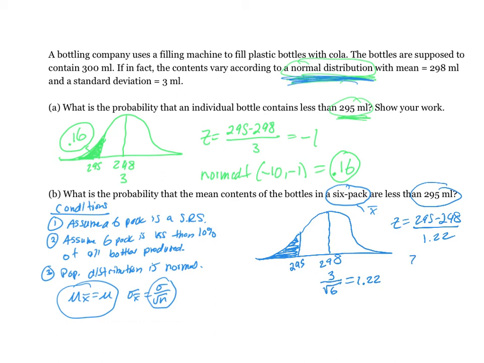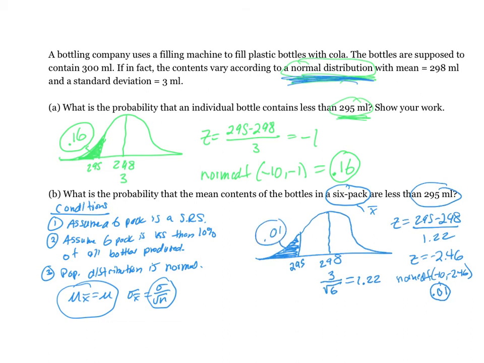And I get a z-score of negative 2.46. And then again, I would look that up. So I'd go normal CDF, negative 10 to negative 2.46. And when I round my answer, I get about a 1% chance.